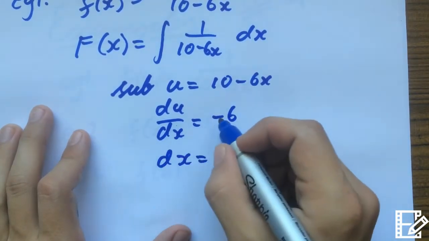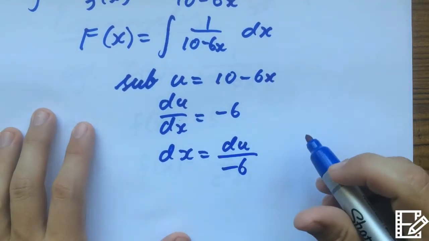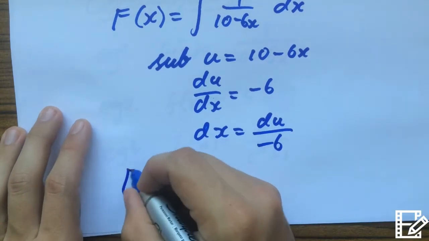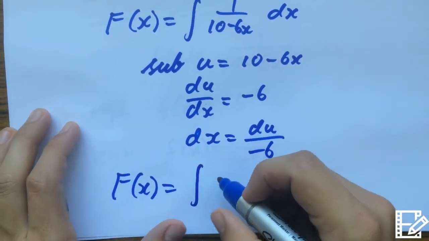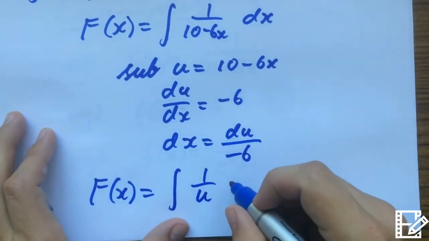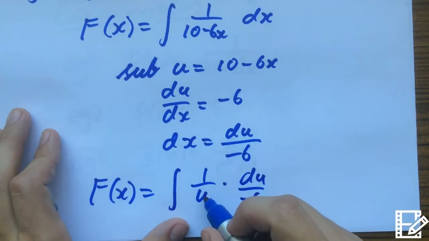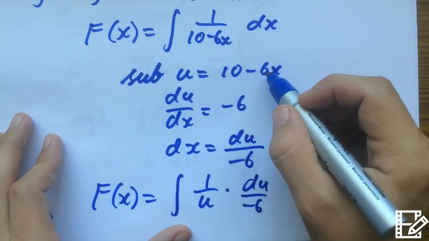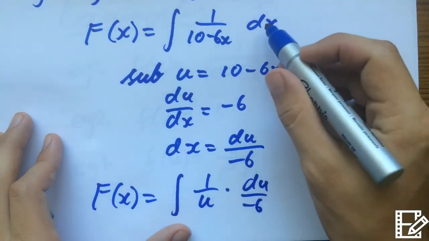We'll just switch these two around, and we'll have over negative 6. That way, when we have f(x), it'll now look like the integral of 1 on u multiplied by du on negative 6, because we subbed in u for the 10 minus 6x, and we subbed in the du on negative 6 for the dx.